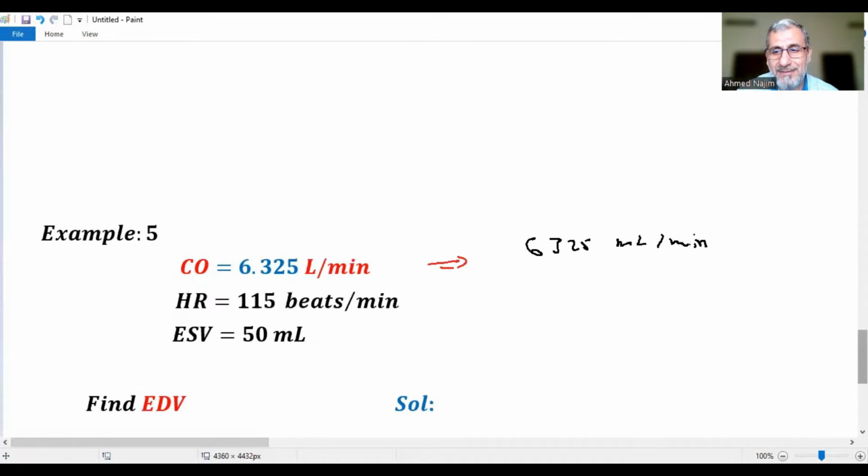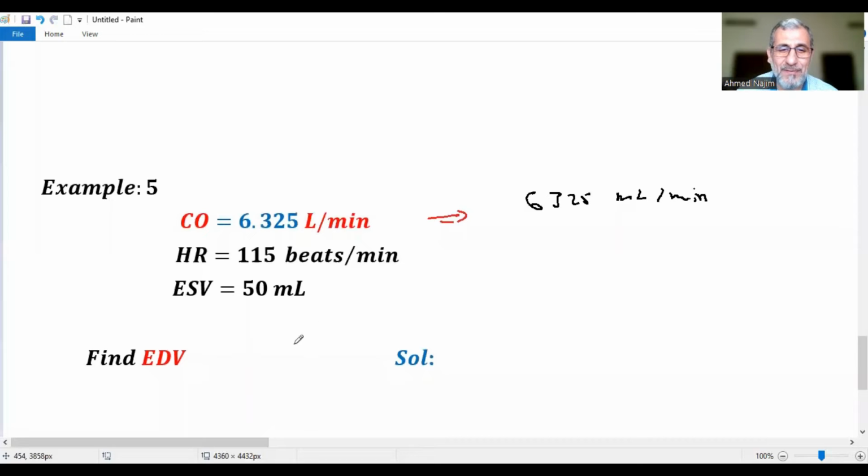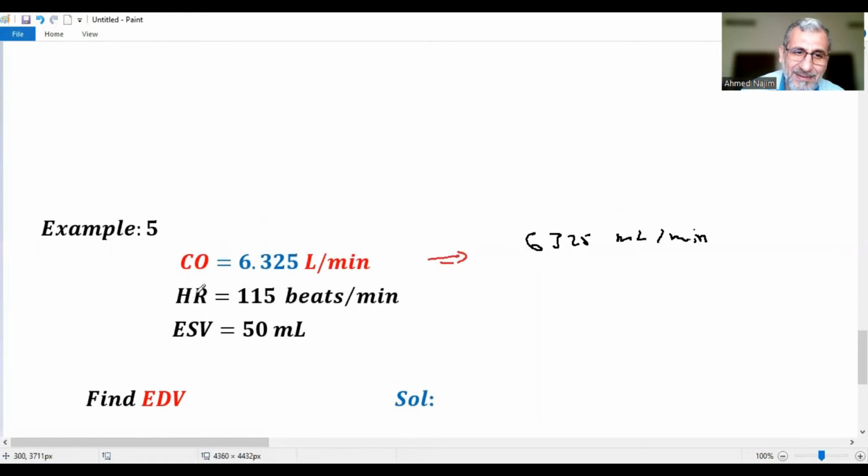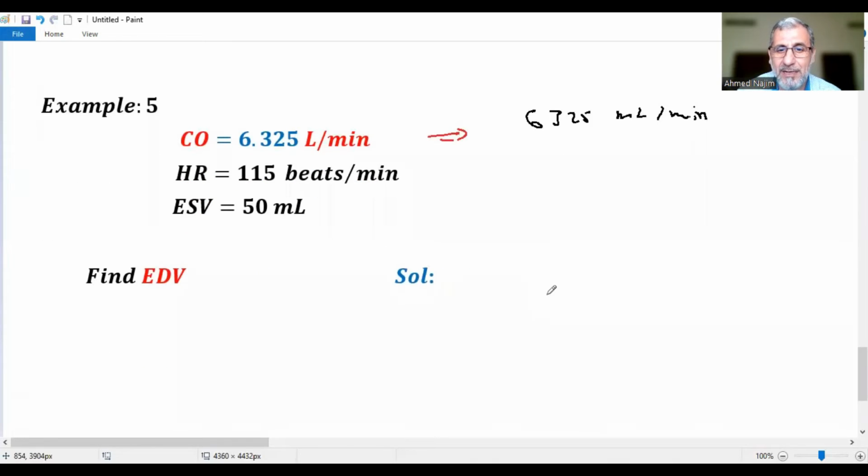The stroke volume is unknown, but what we want is the other part, the EDV, the end diastolic volume. So how do we find the end diastolic volume if we are given cardiac output, heart rate, and systolic volume? The solution: cardiac output equals stroke volume times heart rate.